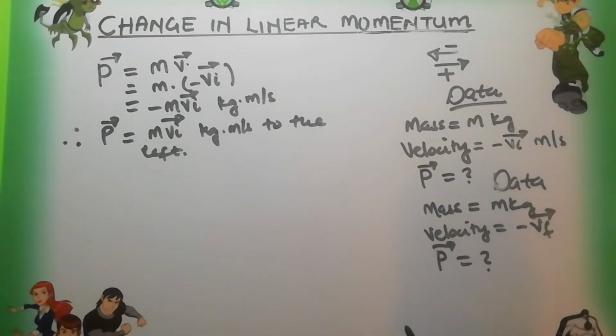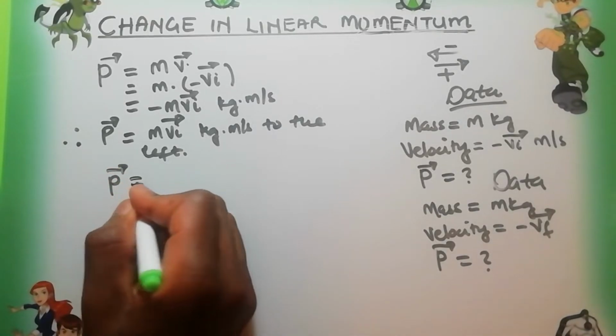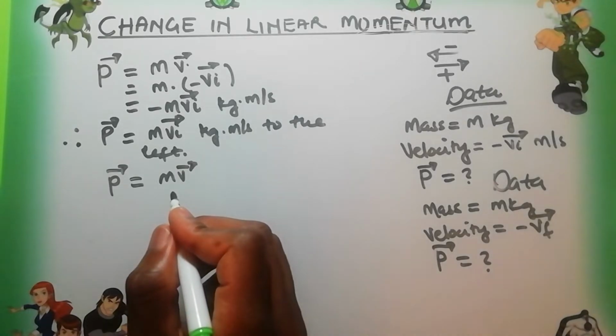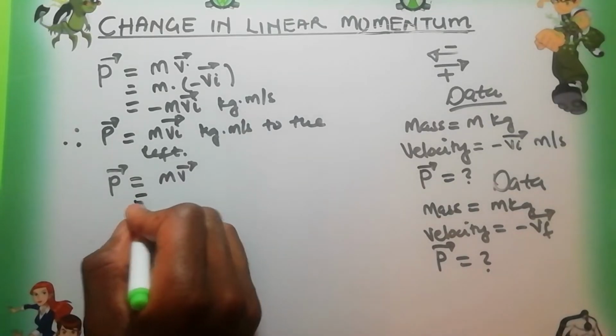So we write our momentum formula. P equals mv. Then we put our values. In this case, we have variables.